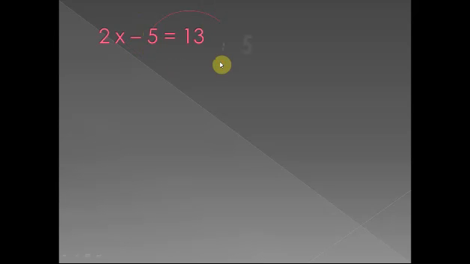If I move it to the other side, it's going to be with a different sign. If it's minus, I'm going to make it plus. If it's plus, I will make it minus. So it's going to be 13 plus 5. And I cancel it from here because I just moved it to the other side. That means 2x, I put it down, and 13 plus 5 equals 18.